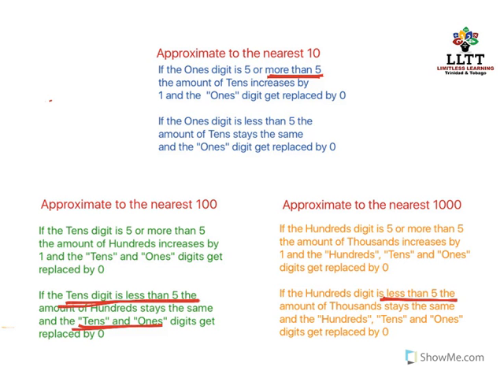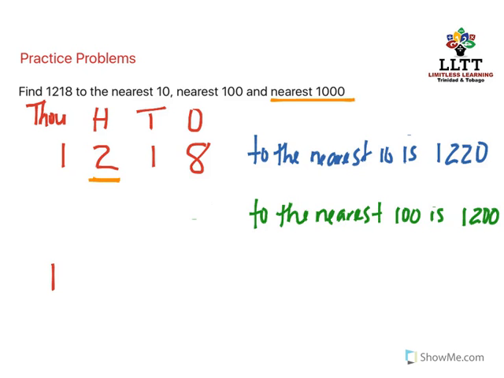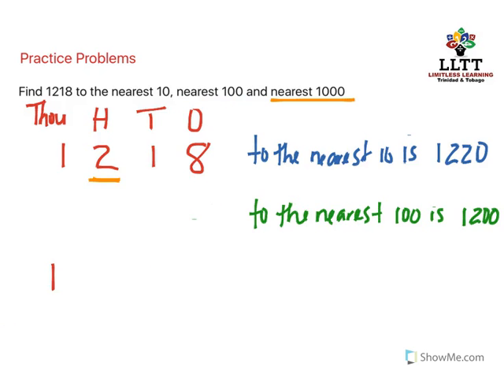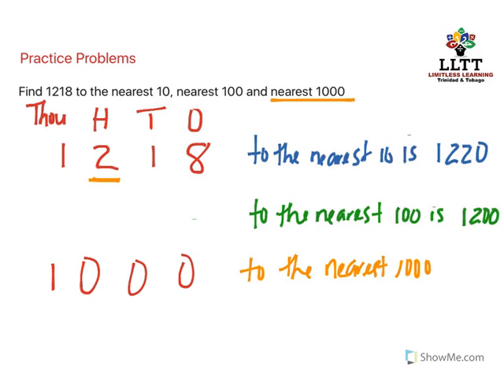And then we replace the tens and ones with 0. So our hundreds, tens, and ones are replaced with 0, 0, and 0. So to the nearest 1,000, our answer is going to be 1,000.